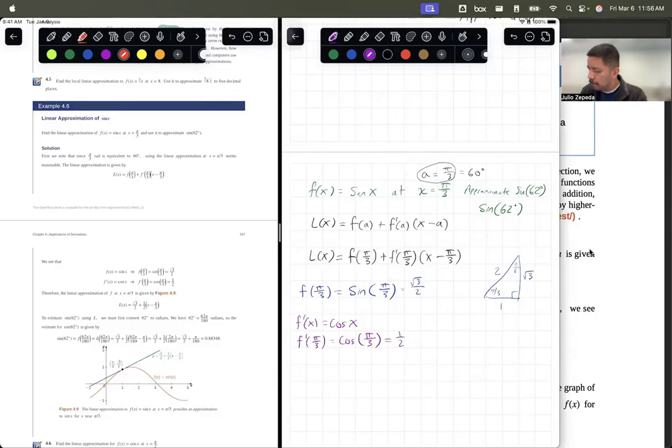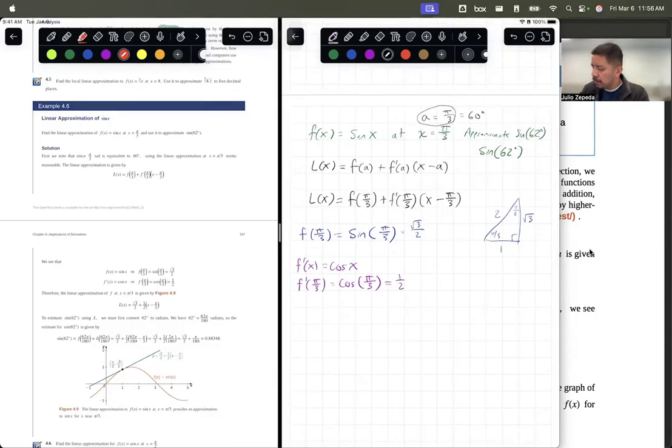That is 1/2. All right, so now we're ready to go back to our linearization. L of x is f of a, root 3 over 2, plus f prime of a, which is 1/2, times x minus a, pi over 3.